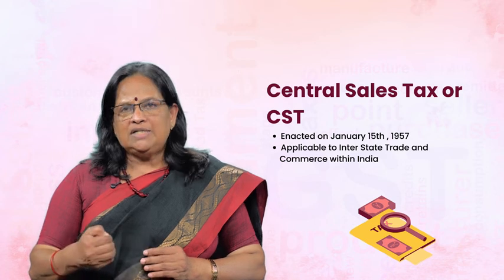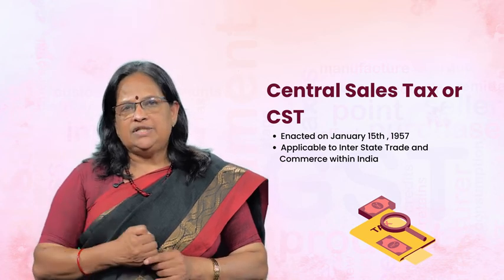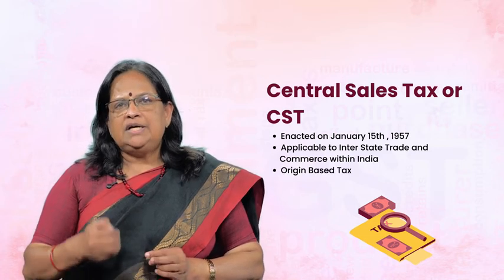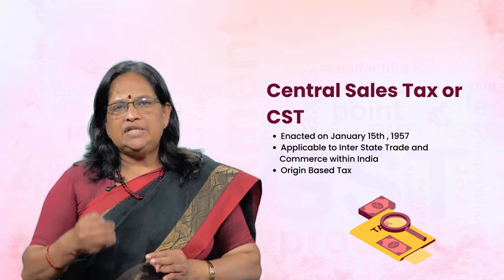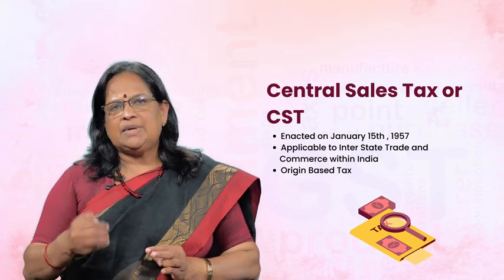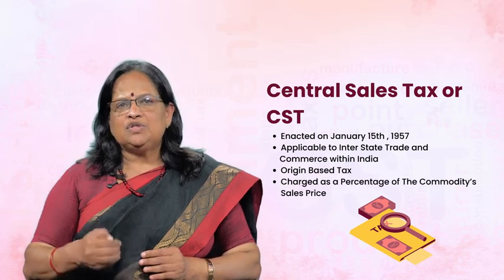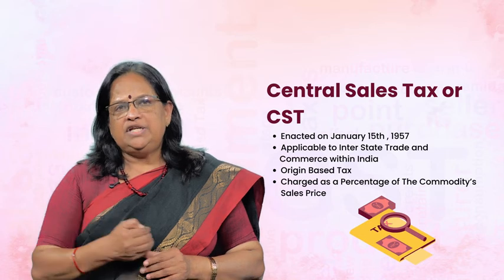The revenue collected was transferred to the state government where the sale originated. The other features of central sales tax are that it is an origin based tax and it was charged as a percentage of the commodity's sales price. The administration of the central sales tax was with the respective state governments where the sale originated.